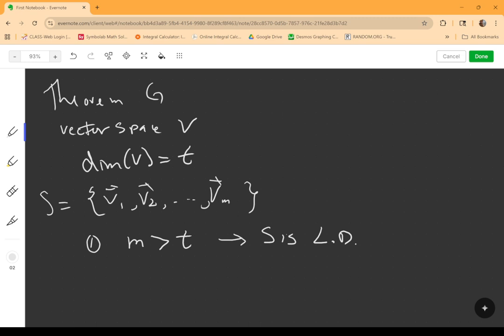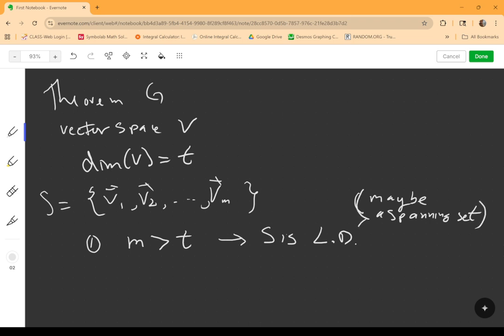So again, as always when reading these theorems, let's be careful that we interpret what it's telling me and what it's not telling me as well, right? What we can deduce from what the theorem is stating. So here S is linearly dependent, right? It may span, it might be a spanning set. This theorem doesn't aim to answer that question.